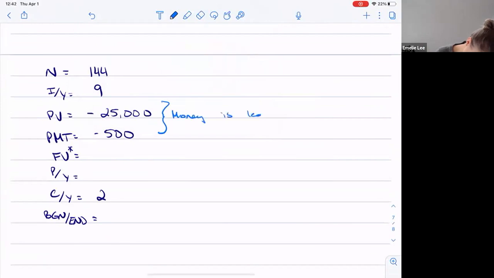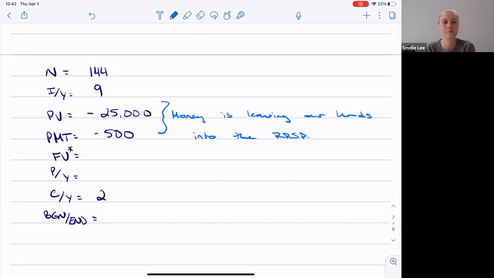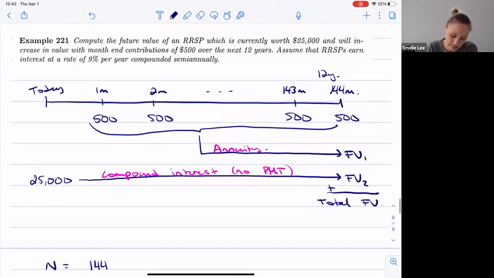Money is leaving our hands into the RRSP. Okay. So the payments per year were monthly, right?